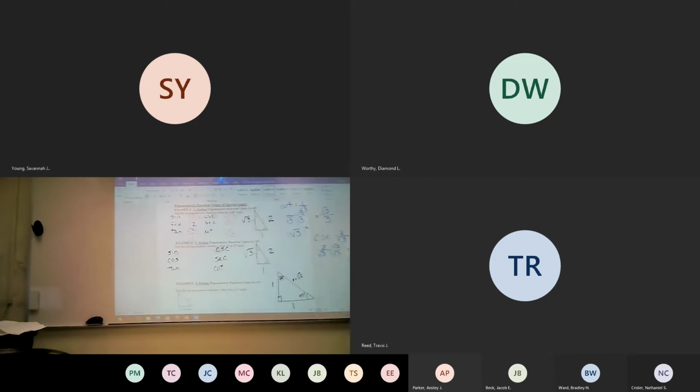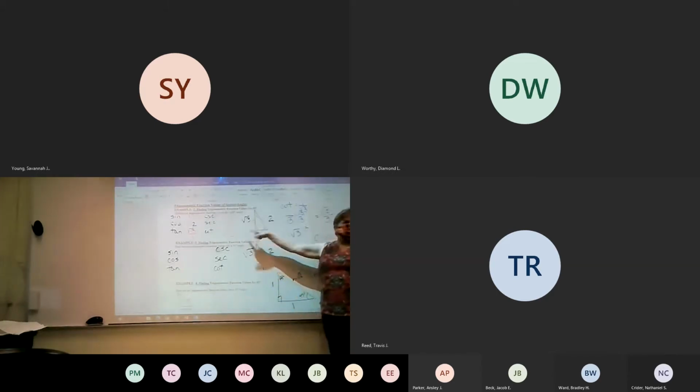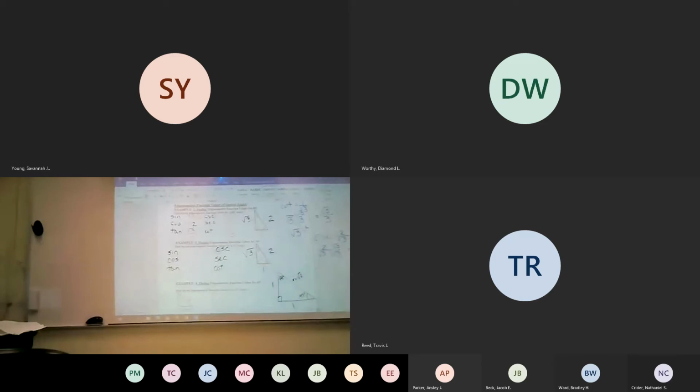So we've got 2 square root of 3 over 3. Officially, this is correct, but remember, you need to make sure you've got the denominator rationalized. So I have to get that radical out of the denominator.